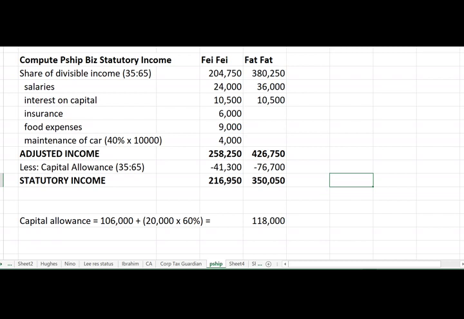Part B, they're asking you to do the tax computation for Fei Fei for year of assessment 2018.